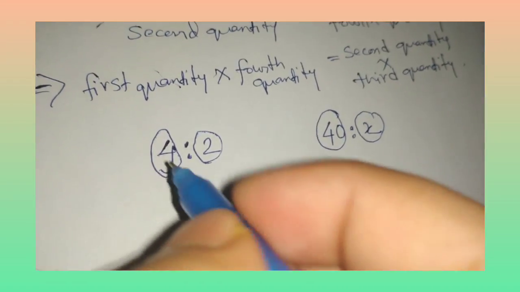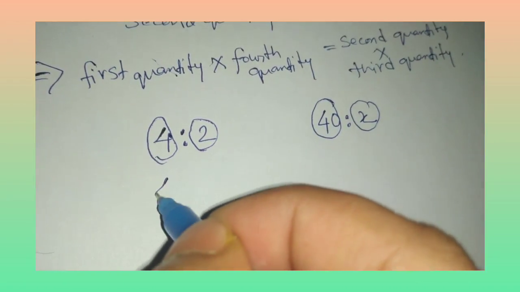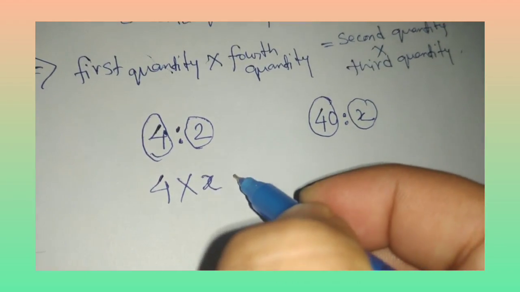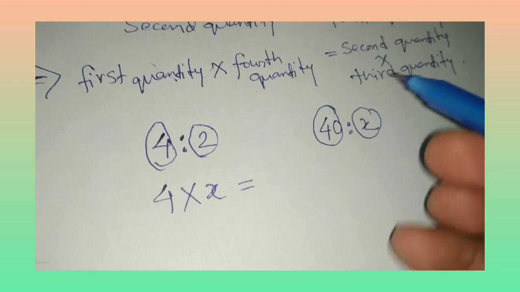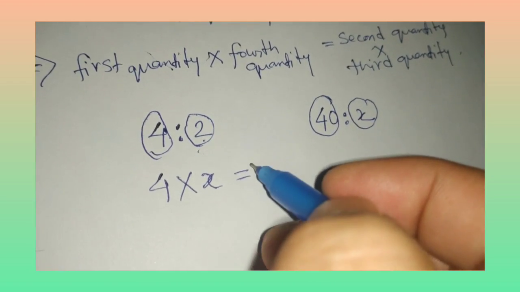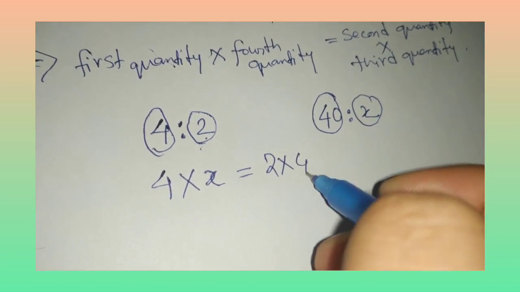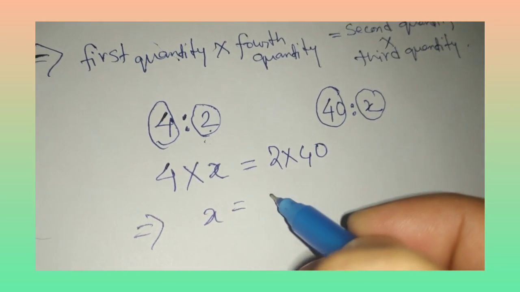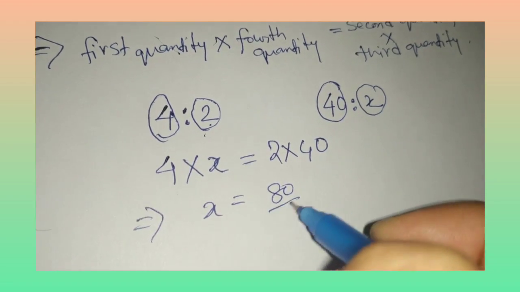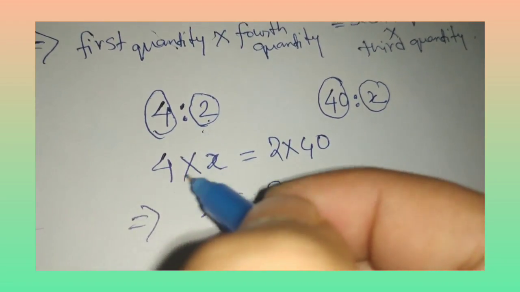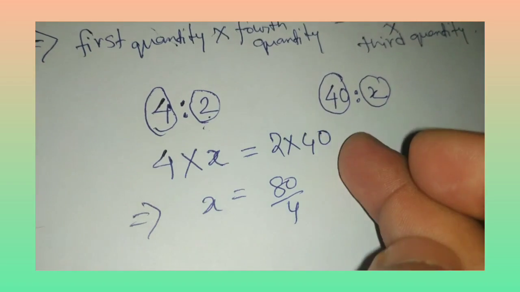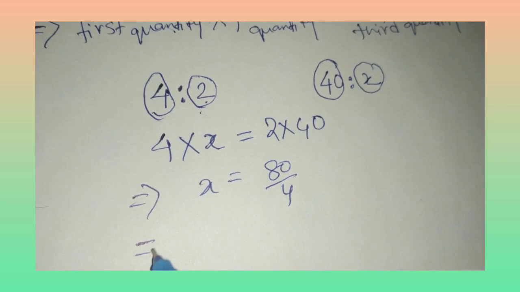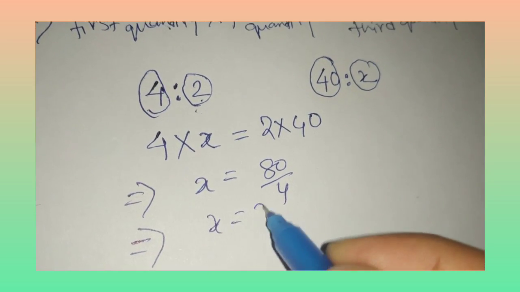So we can write first quantity, that is 4, into fourth quantity, that is x, equals second quantity into third quantity, so 2 into 40. So x equals 80 divided by 4, because if it is 4 into x over here, if we shift it to the right side, it will become divided. So we can write x equals 20.